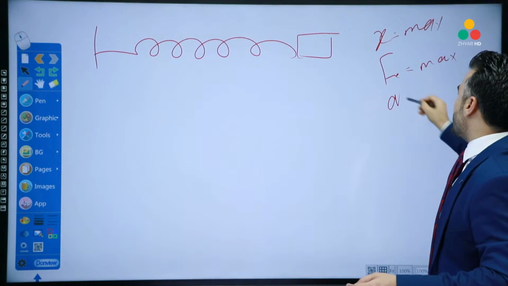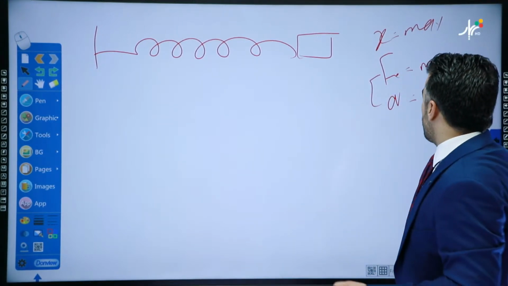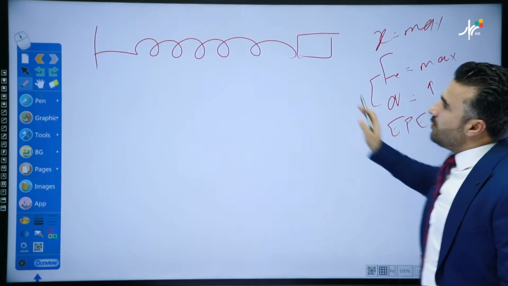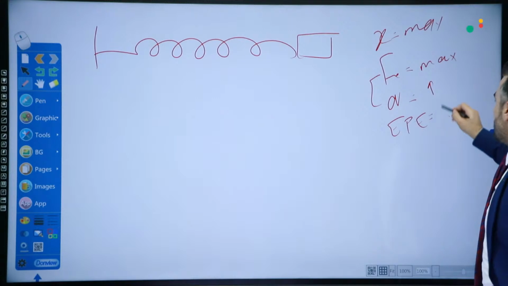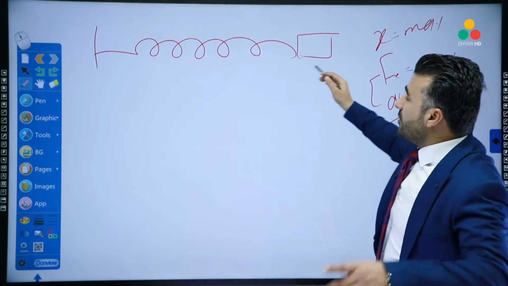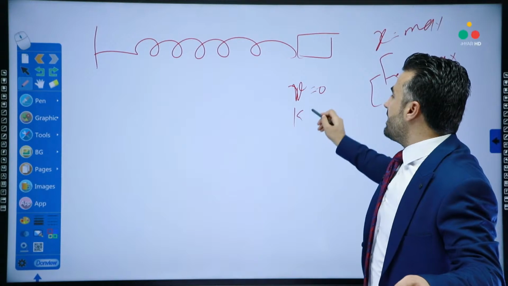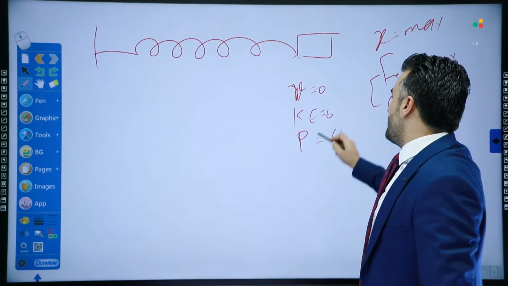If that is the case, acceleration is maximum because these two are directly proportional to one another. And elastic potential energy, by the way, what is the type of energy here? Of course it is elastic, you do know this one. It is also going to be maximum. But if there's no motion here, that means the velocity is going to be zero, kinetic energy is going to be zero, and of course the momentum will also be zero.